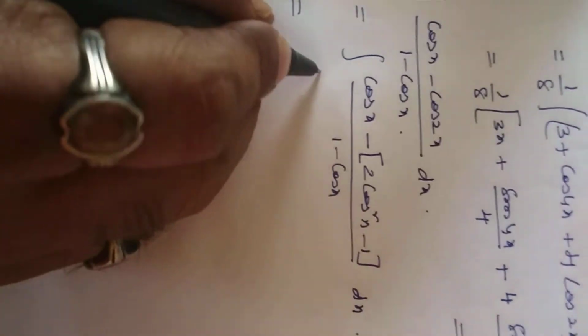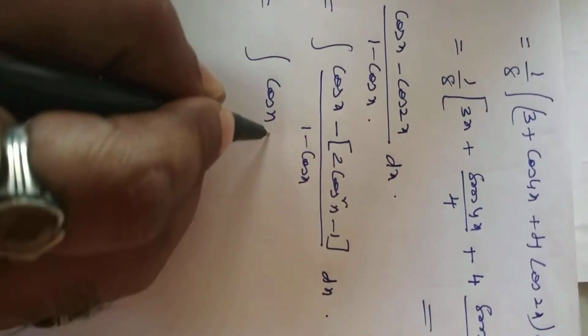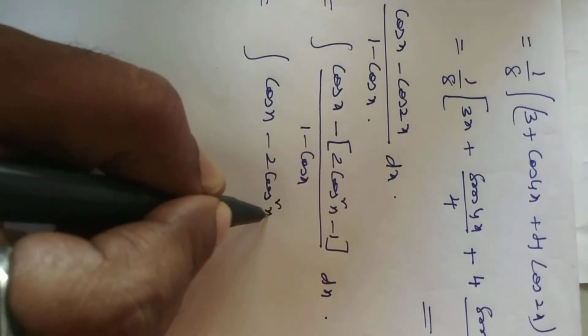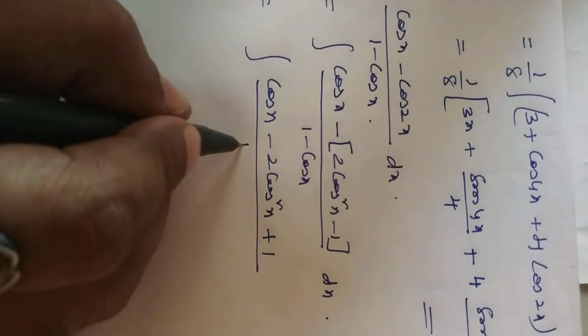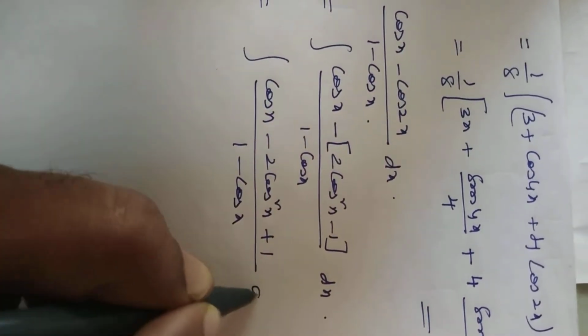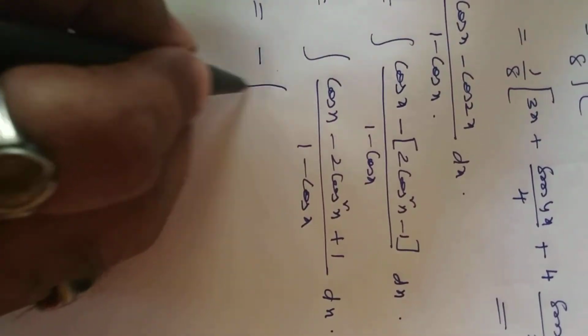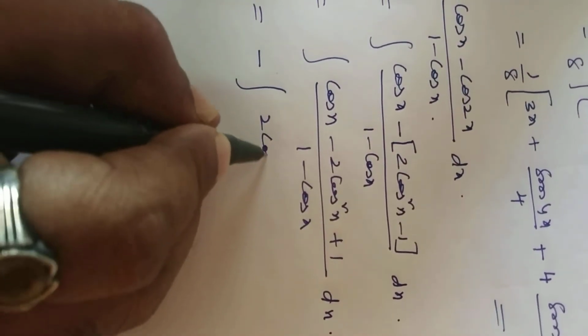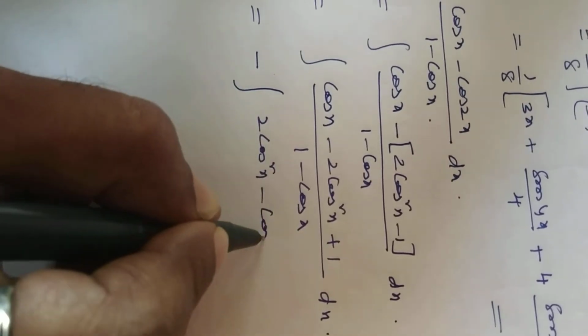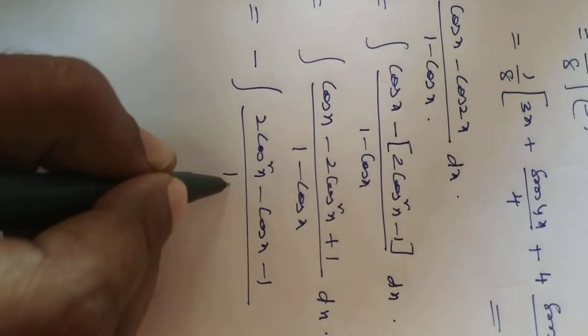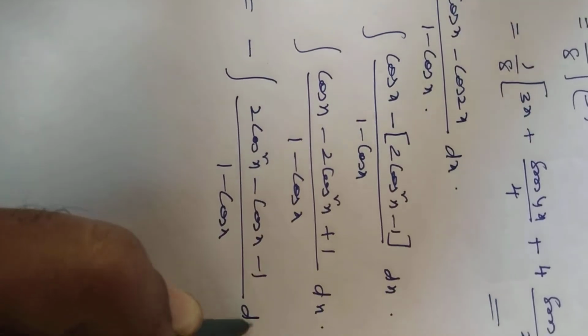So here it is equal to the integration of cos x minus 2 cos square x plus 1 by 1 minus cos x dx. So which is equal to, taking minus common, we can write it like this: 2 cos square x minus cos x minus 1 by 1 minus cos x dx.